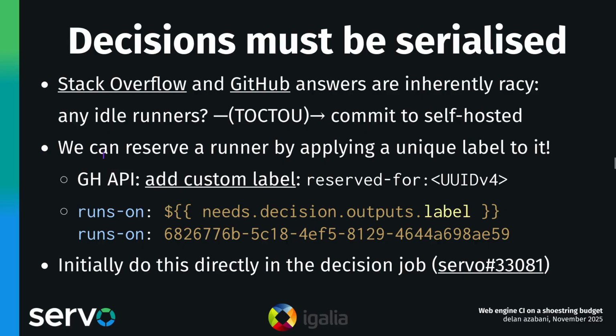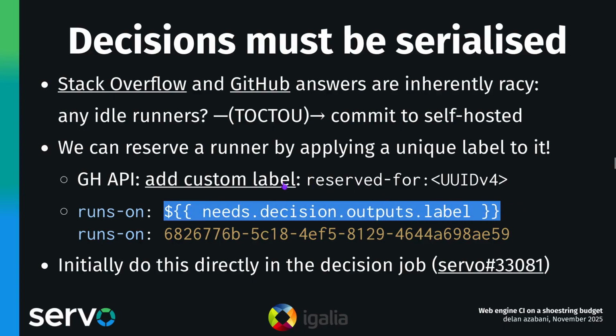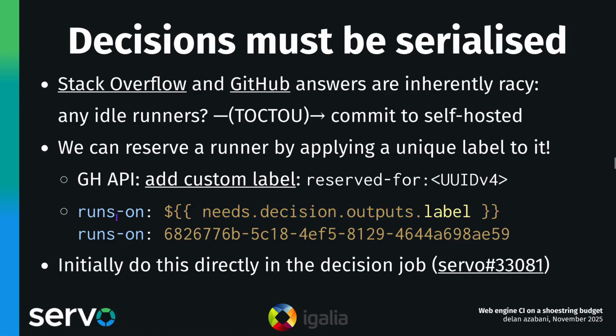So we can start to fix this by actually reserving the runners when we're doing graceful fallback. And how we've done it so far is that we've used the GitHub Actions API to label the runner when we want to reserve it, and we label it with a unique ID. Then the workload job can put that unique ID, that label, in its runs-on setting.